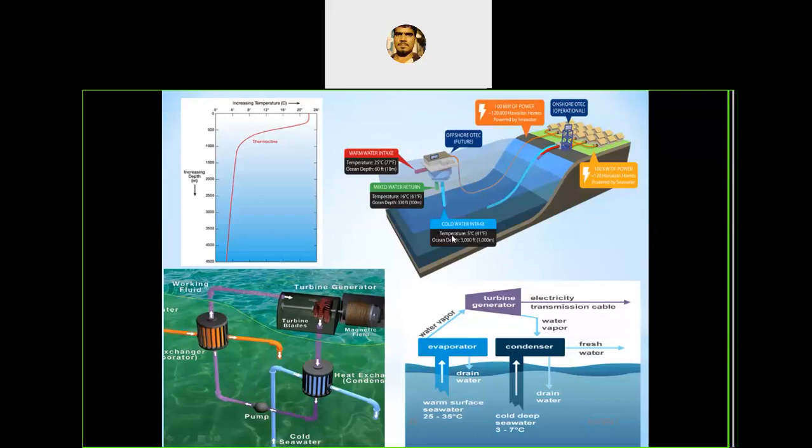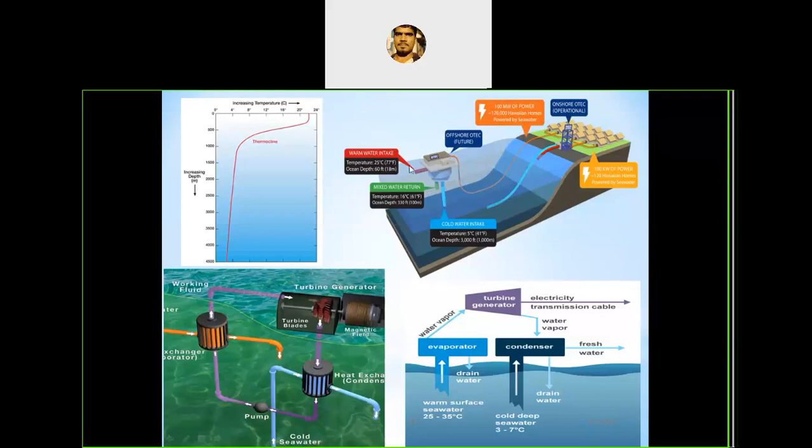Here also, same thing: cold water intake, hot water intake, and the mixed water is returned into the ocean. The hot water is used in the evaporator, where the fluid changes phase from liquid to gaseous, and cold water in the condenser, where it changes from gaseous to liquid. While doing this, it does work, and that work is used to generate electricity or any other useful form.